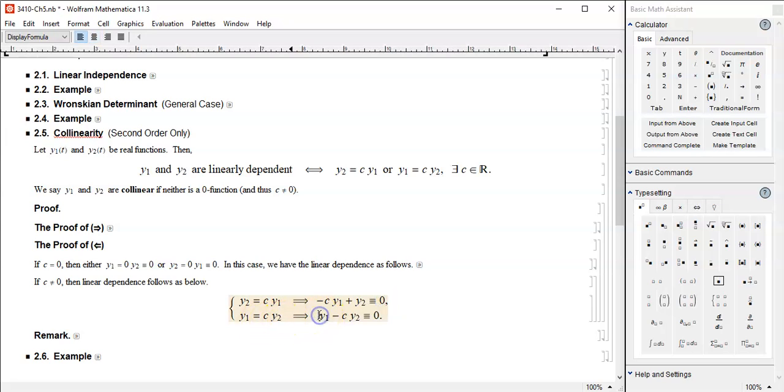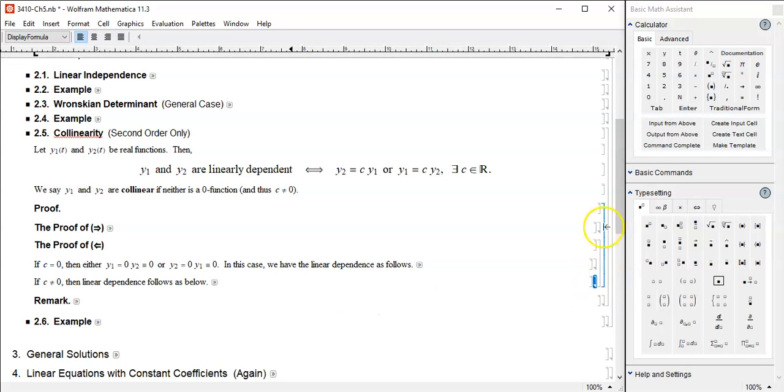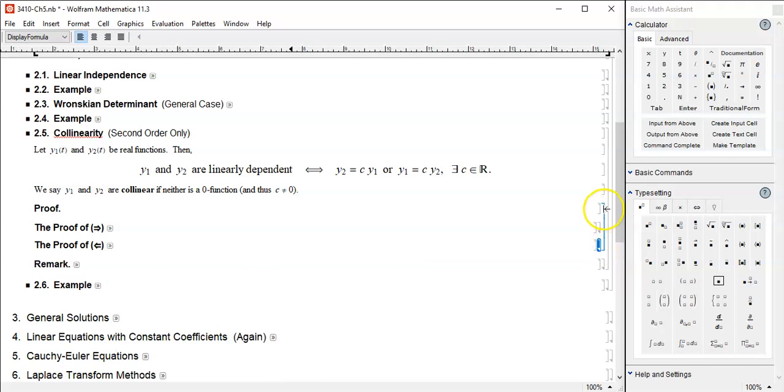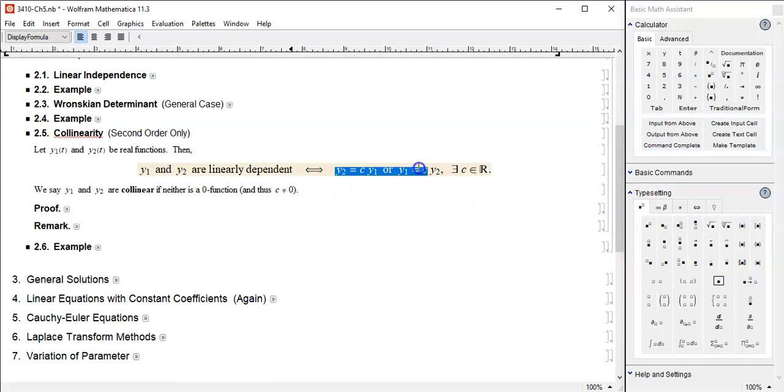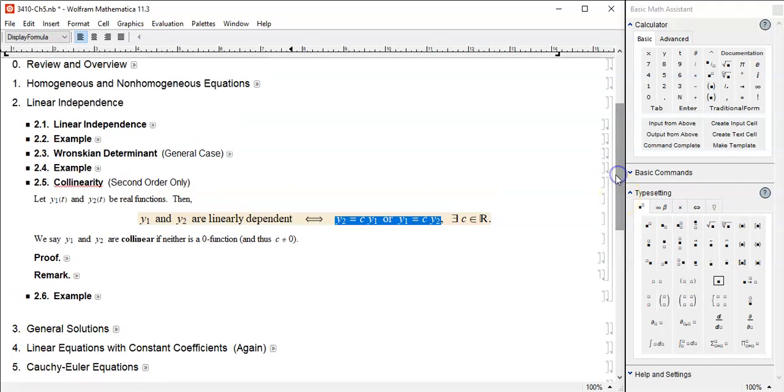Or 1 times y1 plus negative this coefficient y2 is equal to 0 constantly. So what do you get? We have linear dependence either way. So the conclusion, if you have collinearity, one function is constant times the other, then you're going to get linear dependence. It's a lot easier than Wronskian determinant.